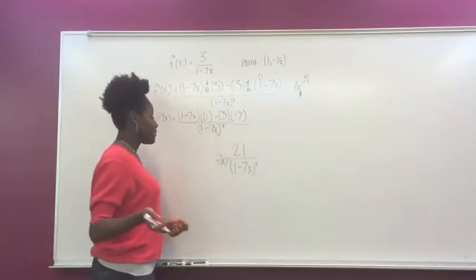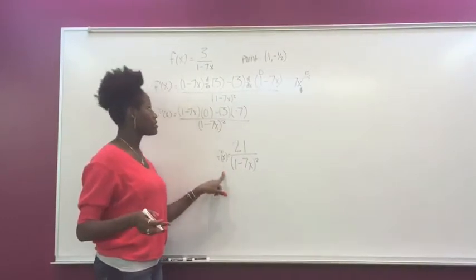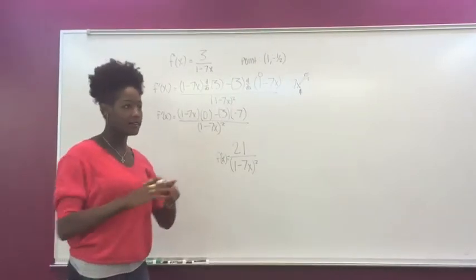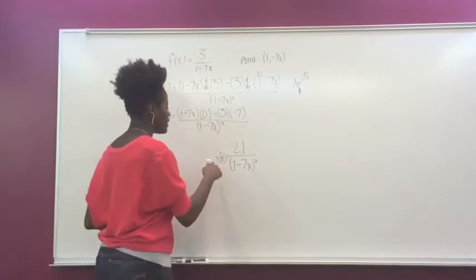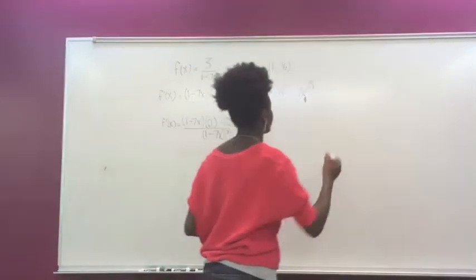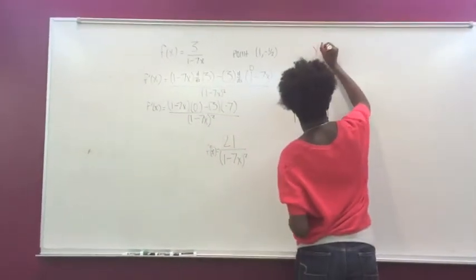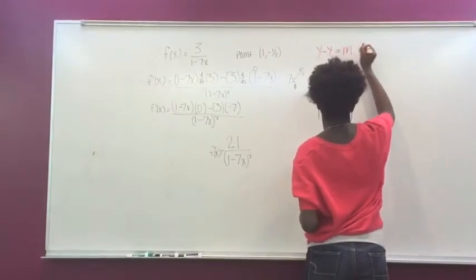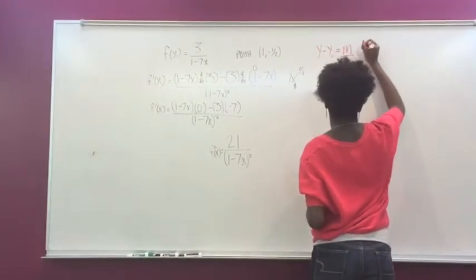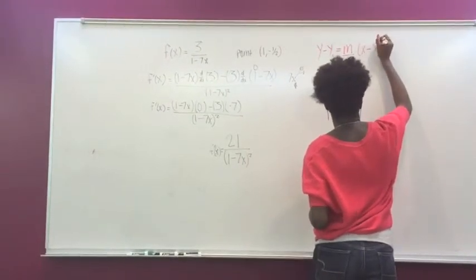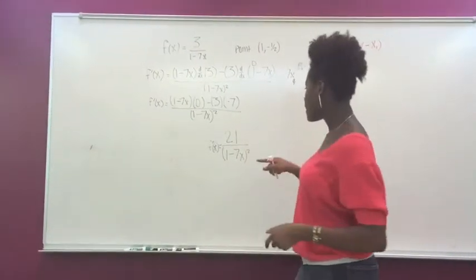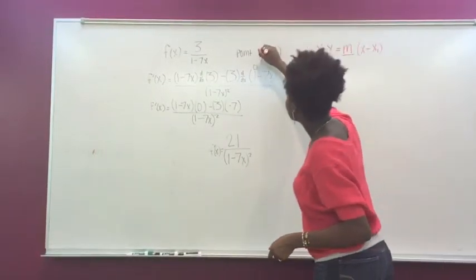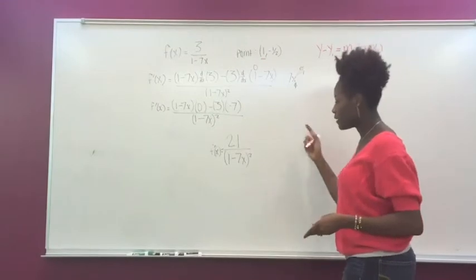So the next part of this problem is to use the slope function, which is the derivative of the graph, to find the equation of the line. So this is the slope, and in point-slope form, you need y minus y1 equals m, the slope, times x minus x1. So in order to find the slope using this, we're going to plug in our x, which is 1 for these points.